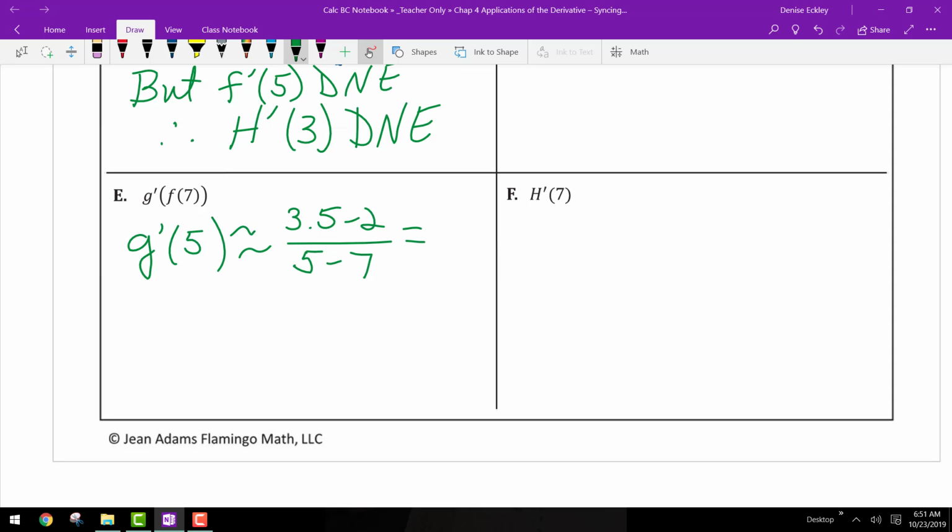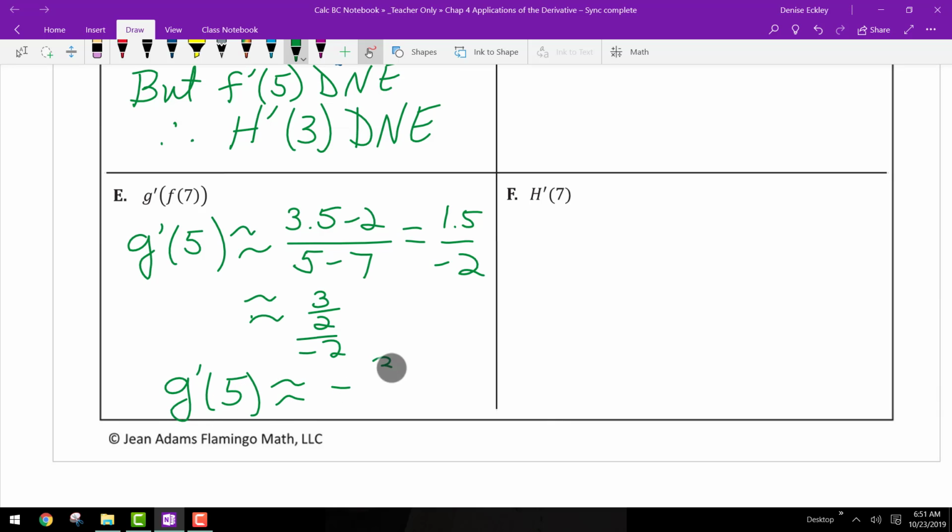So I get 1.5 over negative 2. And if I write this as a fraction, this is 3/2 over negative 2. So g prime of 5 is approximately equal to negative 3/4.